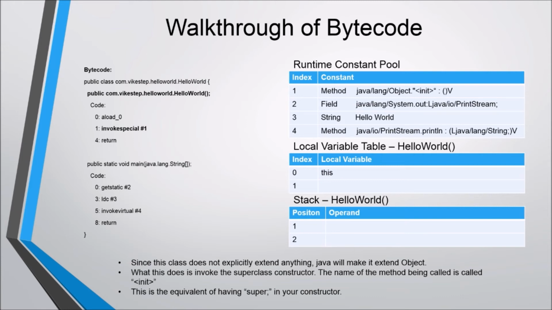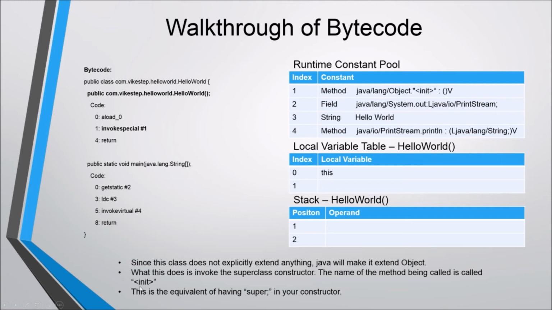If you weren't familiar, in any class where you don't explicitly extend anything, the compiler will make it extend Object, and it'll automatically insert a constructor for you, which will call the super for Object. That's the code we're currently seeing here. Any constructor inserted for a class will be given the method name <init>, angle bracket init angle bracket.